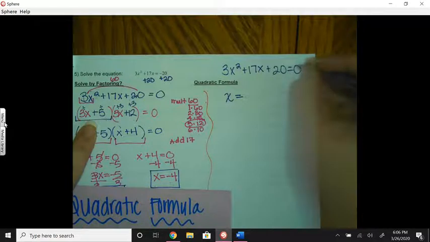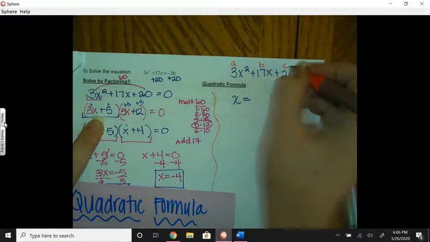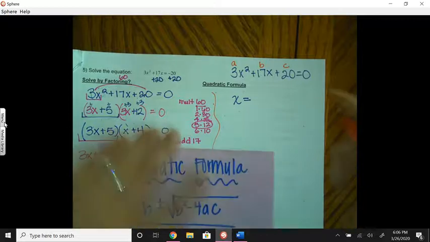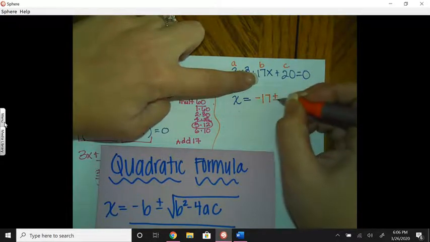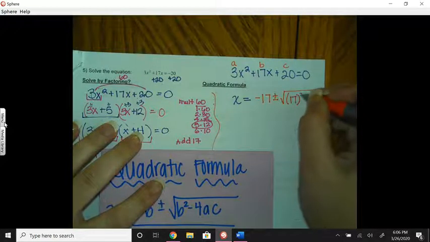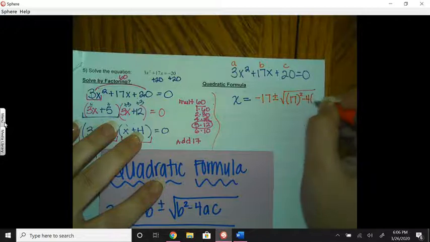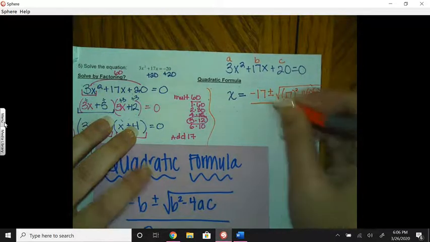So when it equals 0, that's how we know what a, b, and c are. So it would be negative b plus or minus the square root of b squared minus 4ac, all of that divided by 2a.